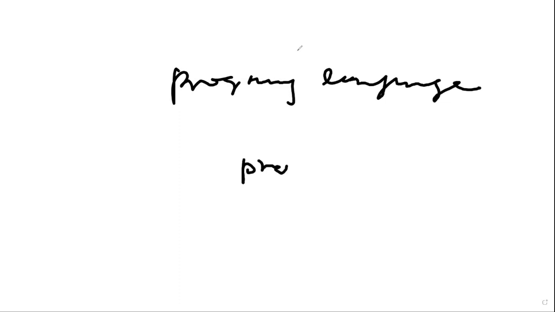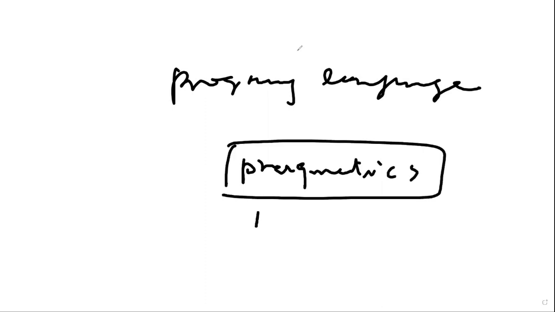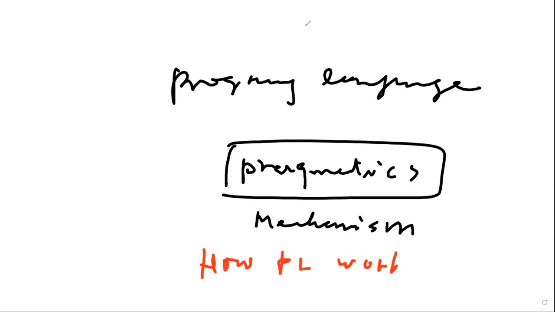Pragmatic. This word is a little bit like a mechanism. We are talking about a mechanism, basically how programming languages work. That's the main topic of this course.